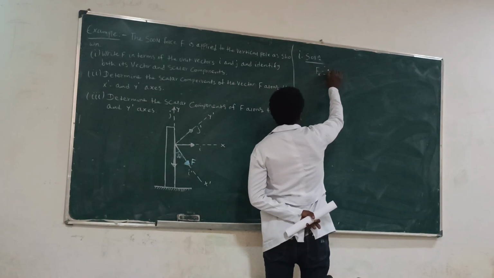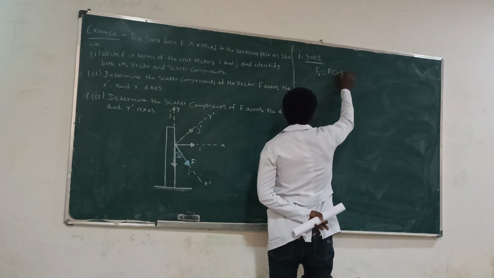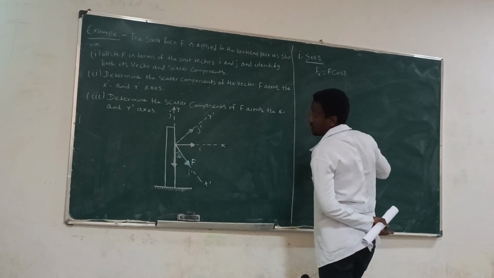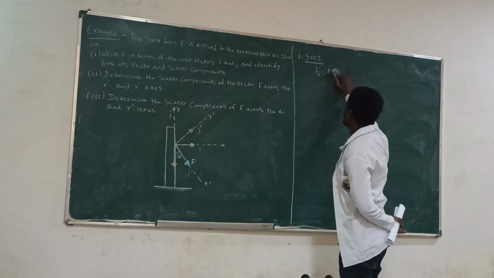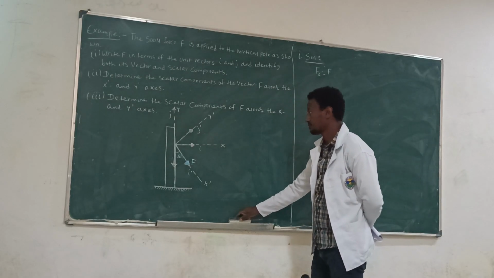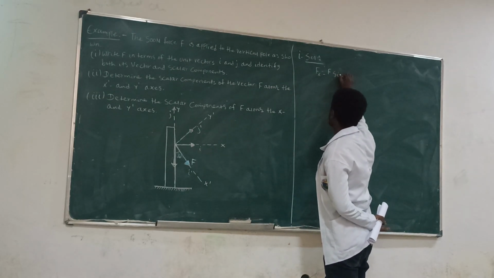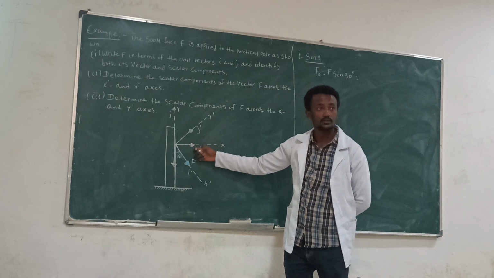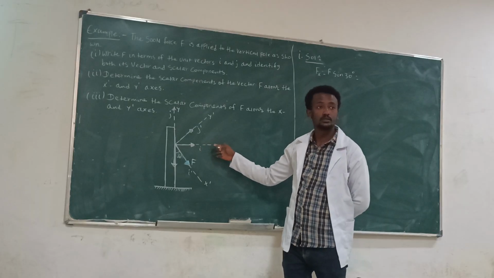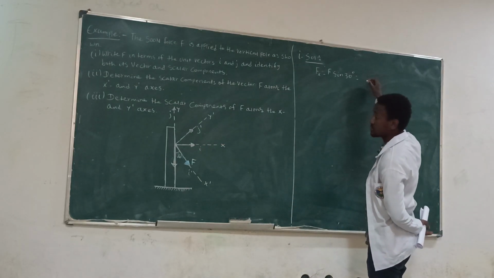The x component is F times cos or sine? Sine. F times sine 30 degrees. And it's positive because the force is in what direction? Right direction, therefore positive.